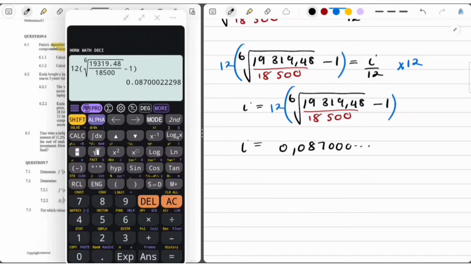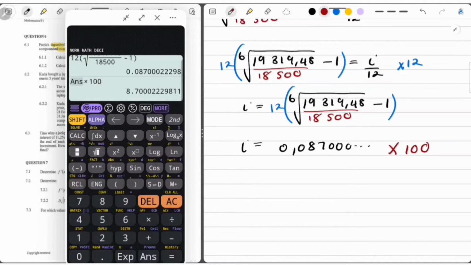When they ask the question as a rate, they want like 12% or 3.5%. So you need to multiply it by 100. So take all of that and just multiply by 100, and that's going to be your percentage. Your rate, right, or R, is 8.7% because you just have zeros all through there. So that is your rate.